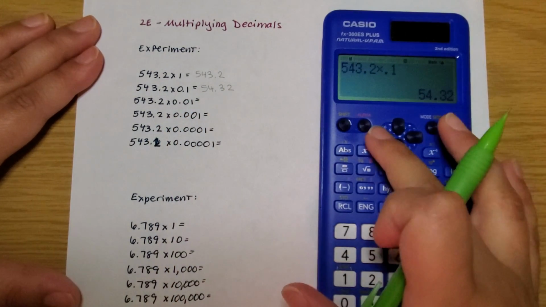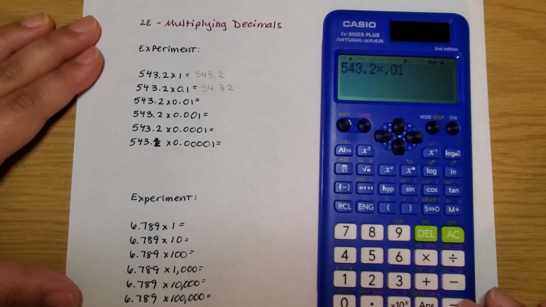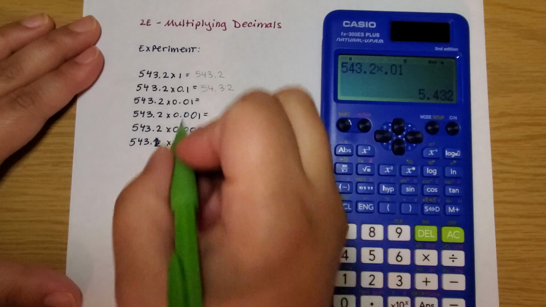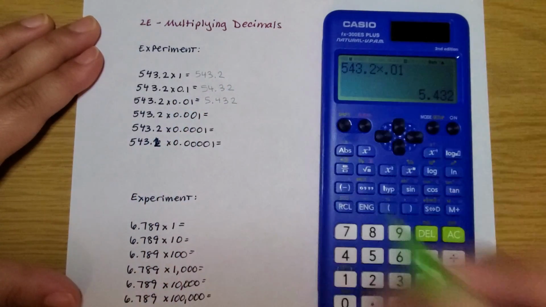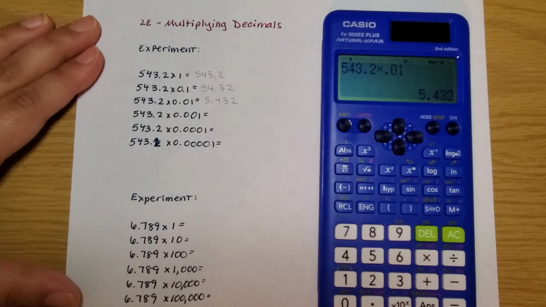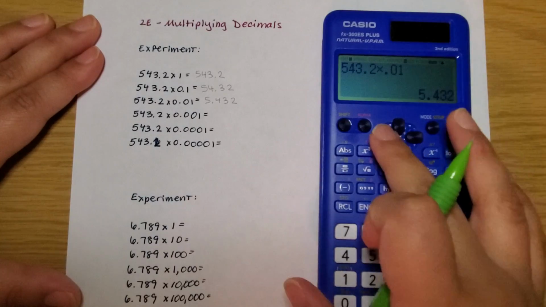Okay, now let's see what happens if we multiply by 0.01. We get 5.432. Do you sense a pattern developing? Let's see if you can predict what the next one's going to be before we find it.